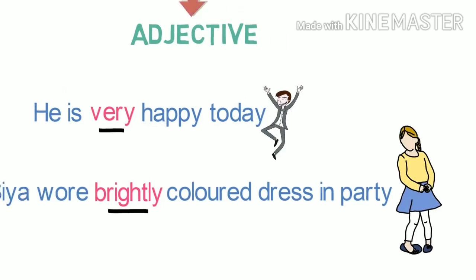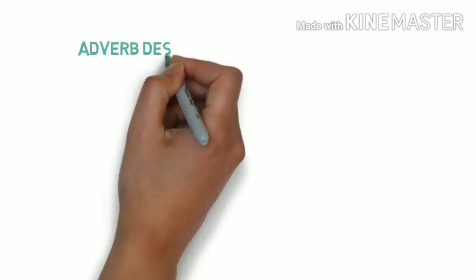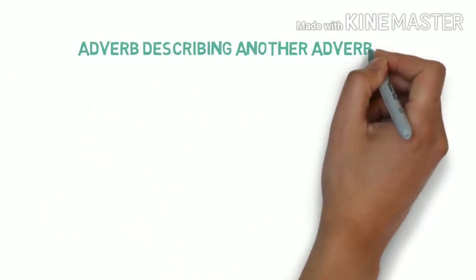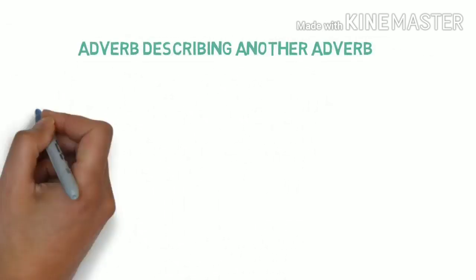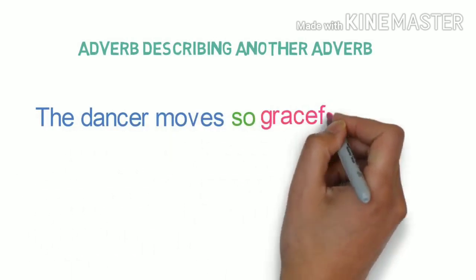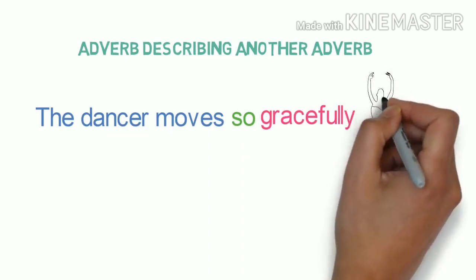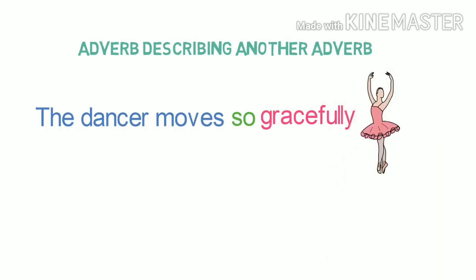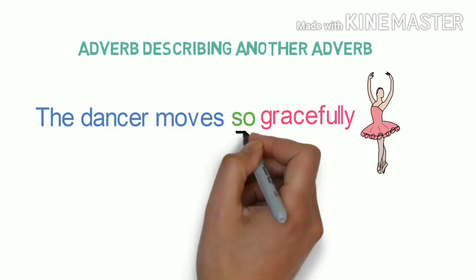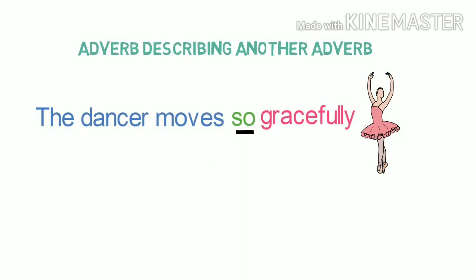Now let's look into some examples of an adverb that describes another adverb in the sentence. The dancer moves so gracefully. Here, how the dancer moves is described by the adverb gracefully. But the word so is describing the intensity of the word gracefully, and thus actually describing the adverb.